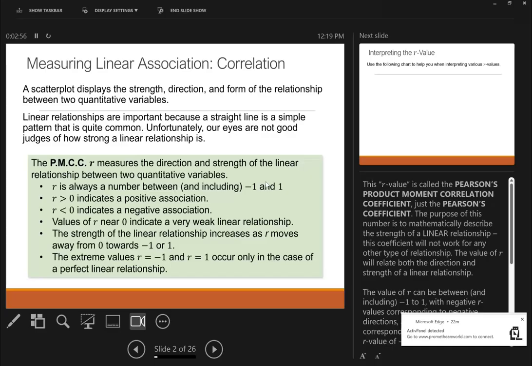The strength of your linear relationship increases as you get closer to 1 or closer to -1. So for example, if you have one scatter plot with an R value of 0.8 and another one with 0.9, the one with the 0.9 value for R will be more strongly linear than the one with 0.8.